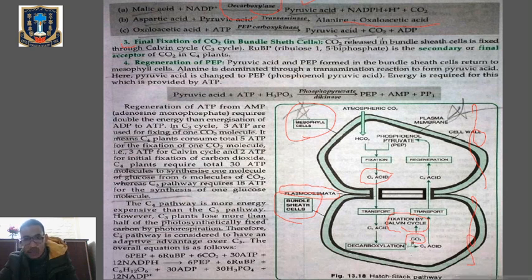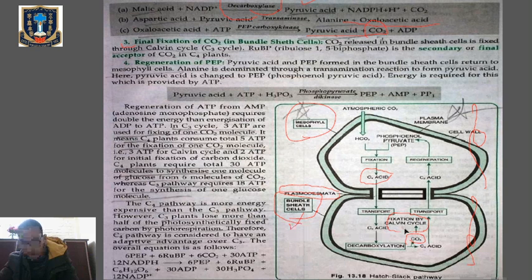You can see over here that oxaloacetic acid (OAA), in reaction with ATP in the presence of the enzyme PEP carboxylase, will form pyruvic acid and will release carbon dioxide. So this carbon dioxide which is released in the bundle sheath cells will now be fixed with the help of the Calvin cycle, or the C3 cycle.